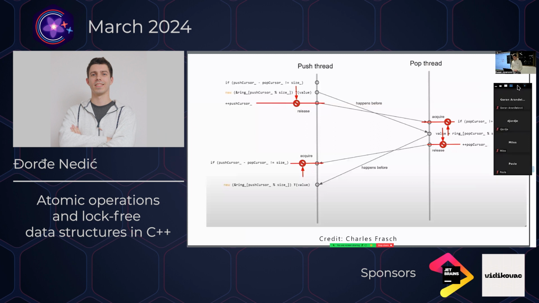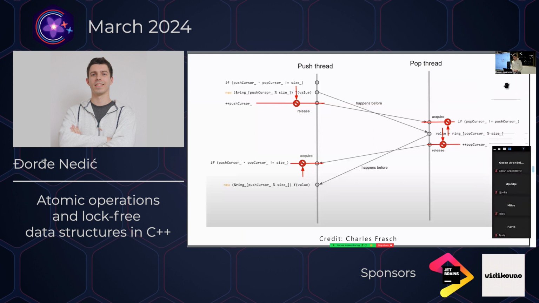And so this is what it looks like, actually. Okay, I also stole this picture. I didn't want to recreate it. It's too much effort. So take a look at this. It's basically the same thing. Even though the code is different, we can see the point is the same. We have two pairs of acquire release. And when we are incrementing the push cursor, it's paired with reading the push cursor here.